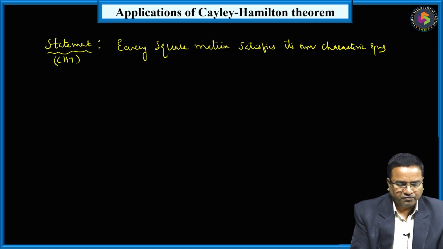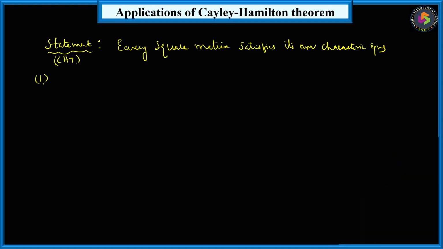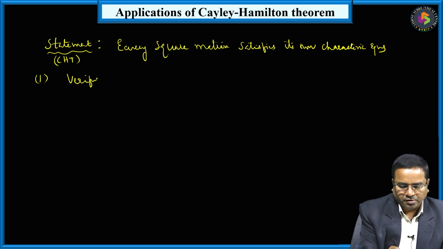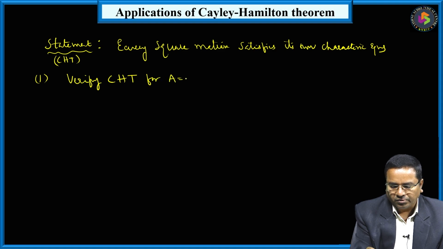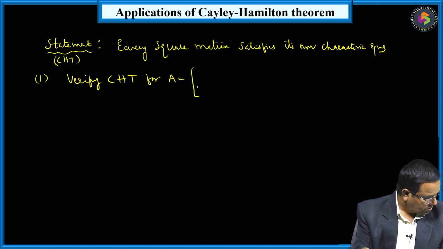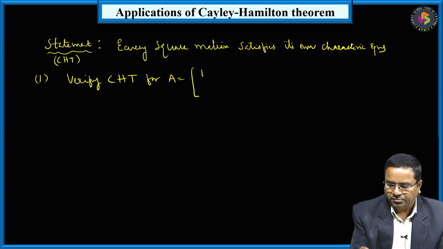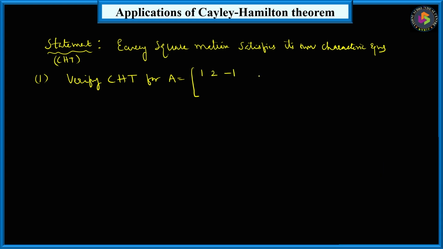The first type of problem we will see first. Verify Cayley-Hamilton Theorem for the matrix A equal to: first row 1, 2, minus 1; second row 2, 1, minus 2; third row 2, minus 2, 1.